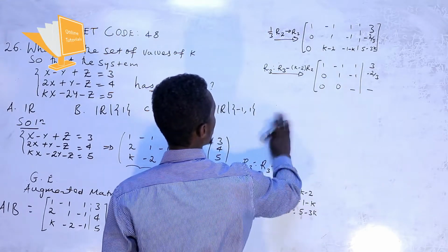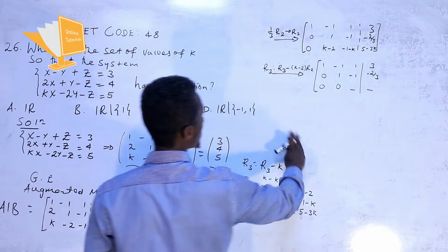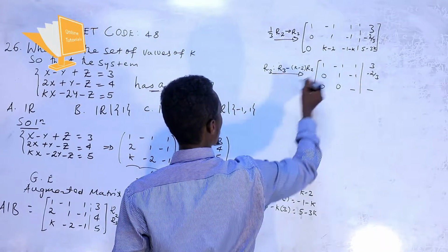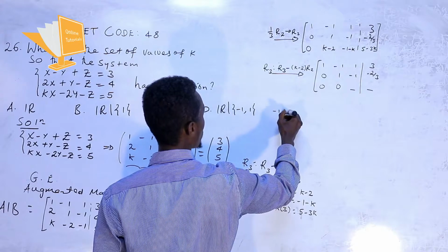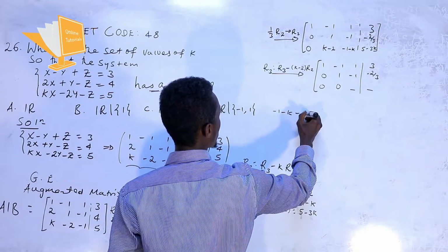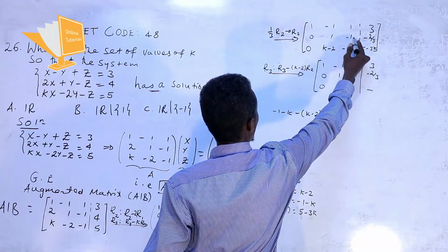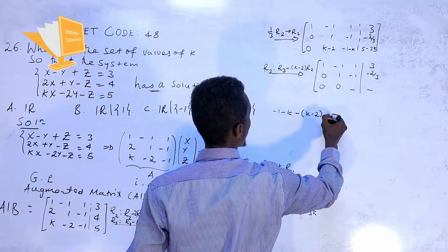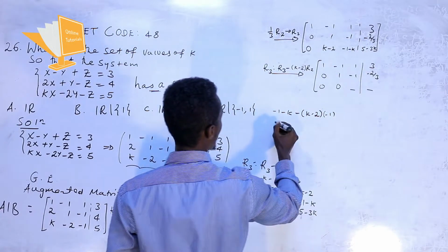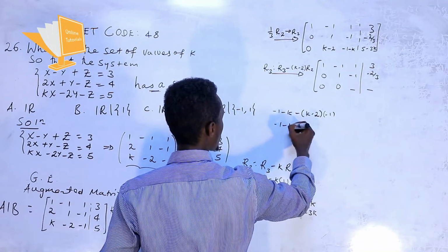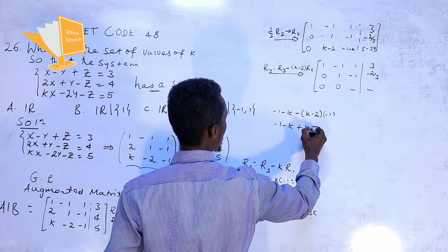Okay, to get this value, similarly, the entry in our third row is -1 minus K, so minus K minus 2 times the entry in the second row, -1. So -1 minus K, when you multiply this term by the sign, plus K minus 2.